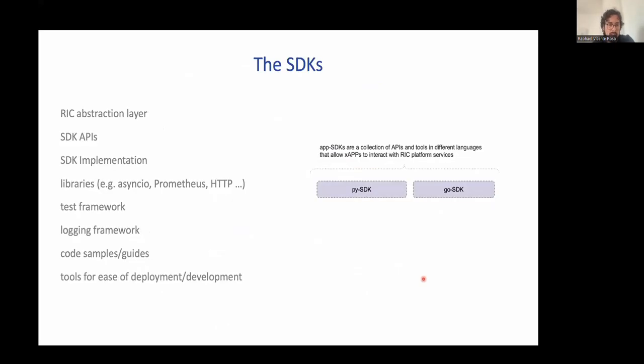I think it's important to talk a little bit more about the SDKs in the case of the abstractions that they allow. So the SDKs, in the case of the SD-RAN project, do not only allow the abstraction layer for the RIG, but also form a way of consuming the different APIs of each one of the components of the SD-RAN project, such as ONOS Topo or ONOS UENIB, the RNIB and the UENIB information base.